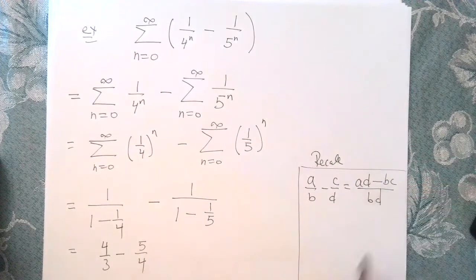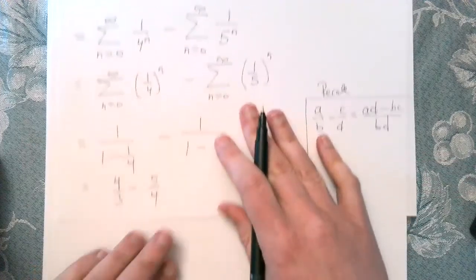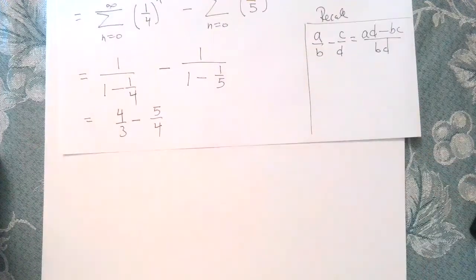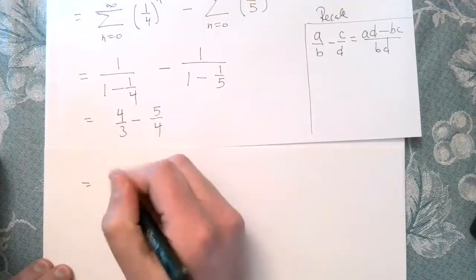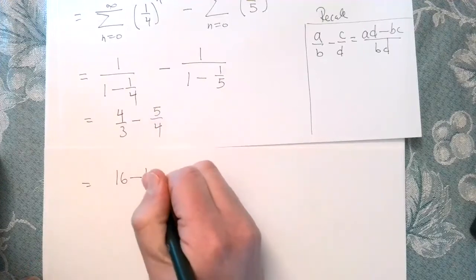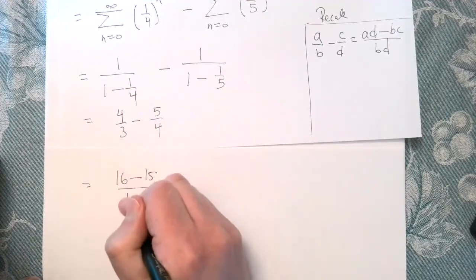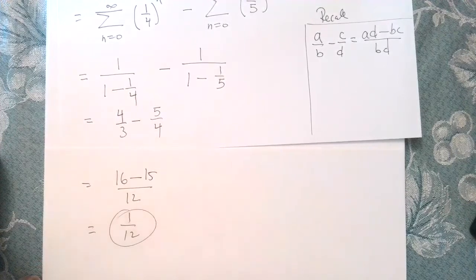It's a really easy way to subtract or add fractions. So what does that give us? So that gives us exactly the following. That's this product, which is 16, minus this product, which is 15, over this product, which is 12. So this is 1/12. So that's the sum of our original series.